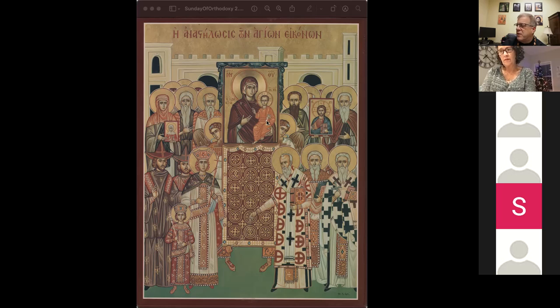And then Theodore Graptus over here. And then on the other side, Stephen the New. We actually commemorated Stephen the New in the church a little while ago. Okay, so these are major figures in the use of icons in the world. Okay, let's take a look at maybe one of their lives here. Hold on one second.